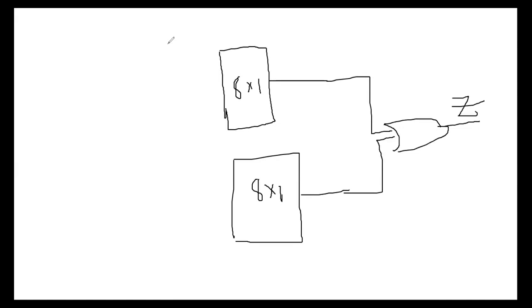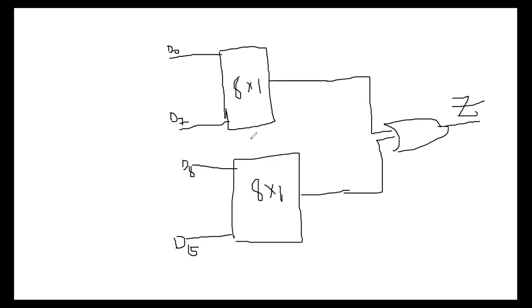Now I am writing D0 here and D7 here, so totally 8 inputs. For the second 8 by 1 multiplexer, I am writing D8 to D15. So 0 to 15, totally 16 inputs.